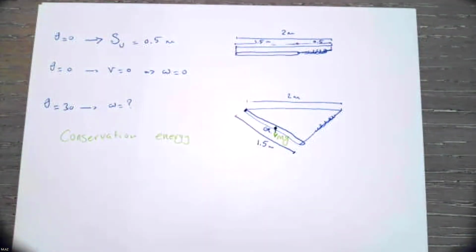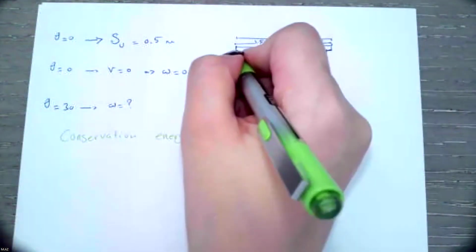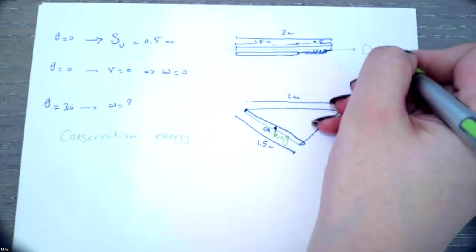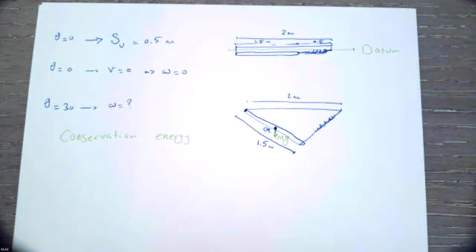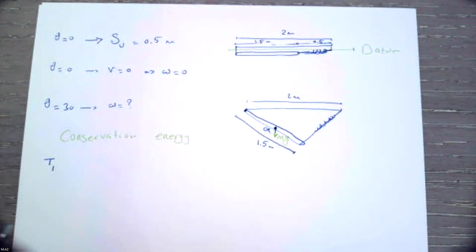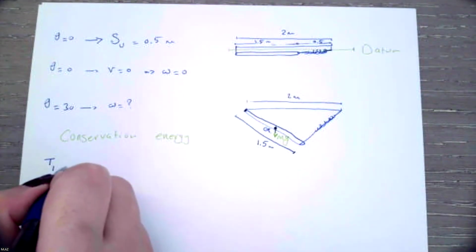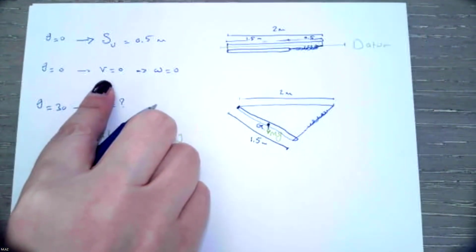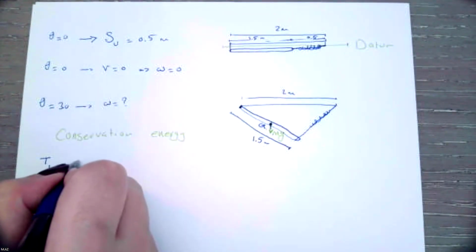Now the next step for applying conservation of energy, if you remember, we should set up a datum. I set up a datum once theta is 0 degrees. At the datum, T1, the kinetic energy, is 0 because the problem mentions the system is released from rest.